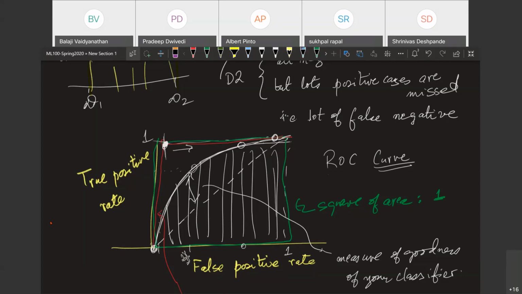But in other words, the true positive rate I can label as sensitivity, and the false positive rate I can label as 1 minus specificity. If we label it like that, one test cannot be 100% sensitive and 100% specific.